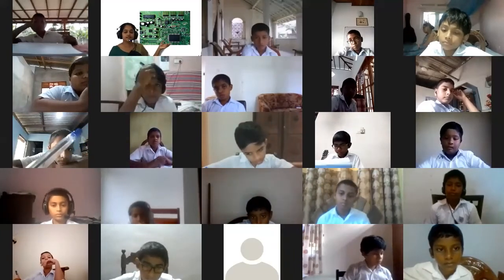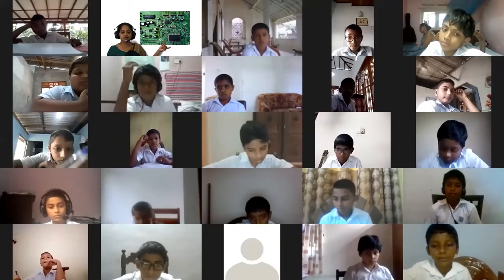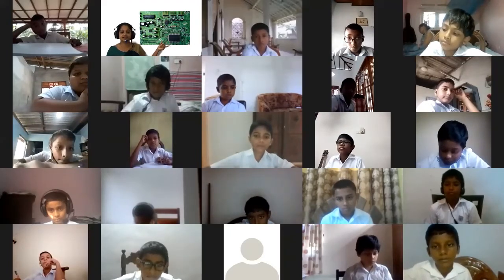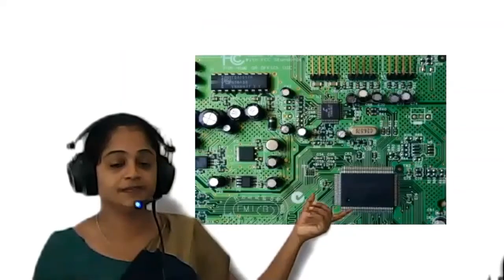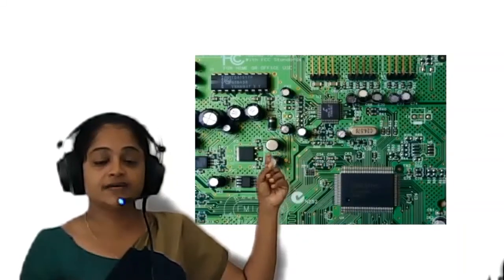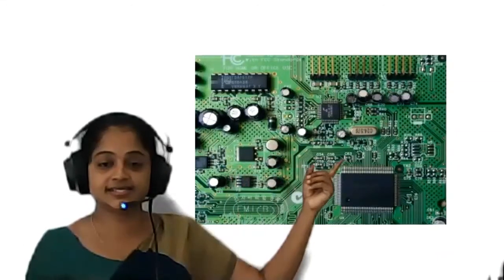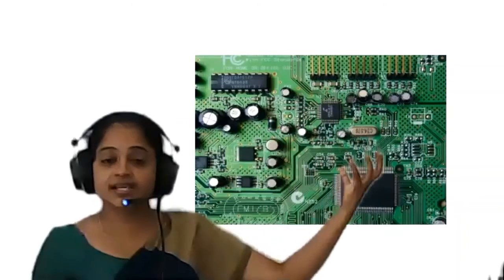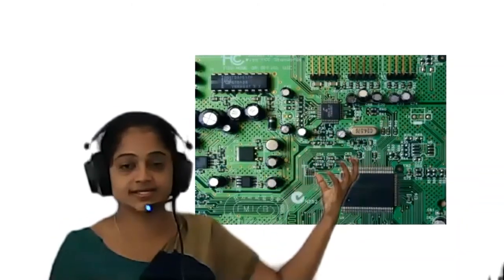I think now you can see the picture of the circuit board. This is a circuit board. Have you ever seen this type of circuit boards? Yes, I think you have seen. Can you see the small electrical accessories? Right? There is a set of electronic accessories in here. These are electronic appliances. Right.